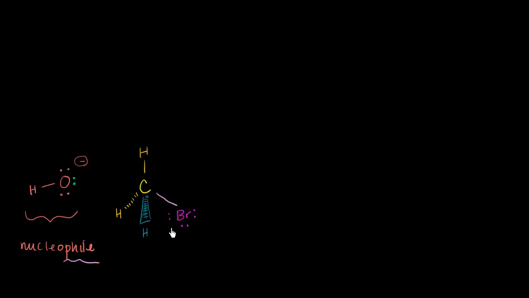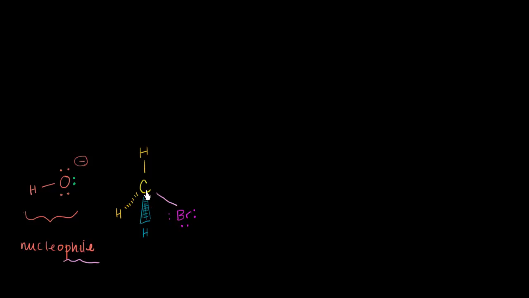Now over here, I have this bromo group in the bromomethane, and bromine is quite electronegative. It is more electronegative than carbon. So even in this bond, we have 2 electrons, and bromine is going to hog the electrons a little bit more than carbon. And electronegativity says that if this bond were to break, it's more likely that the pair in this bond is going to go to the bromine than to the carbon.